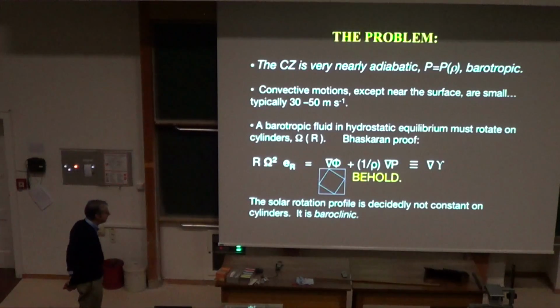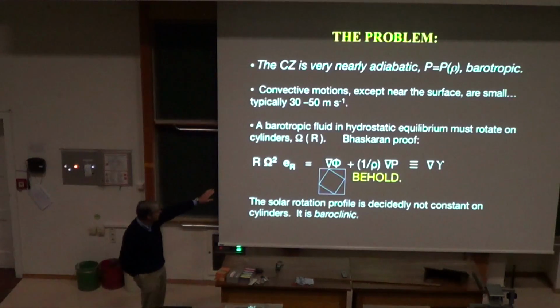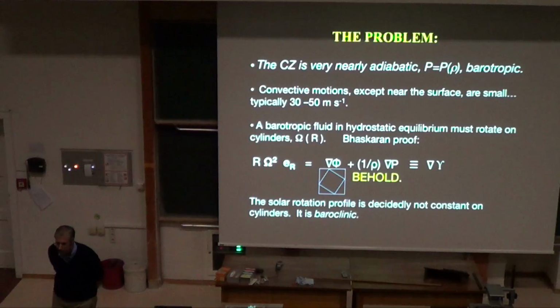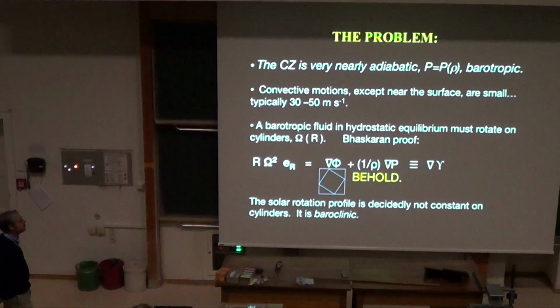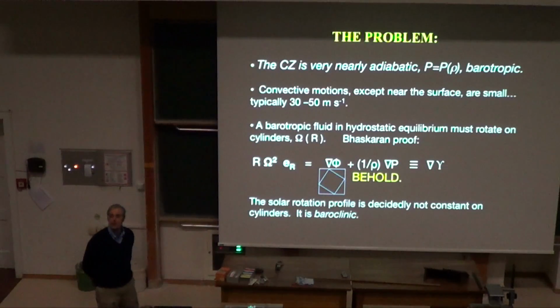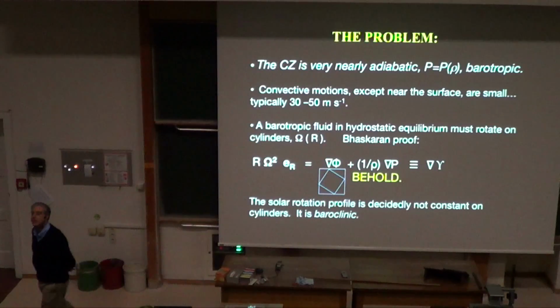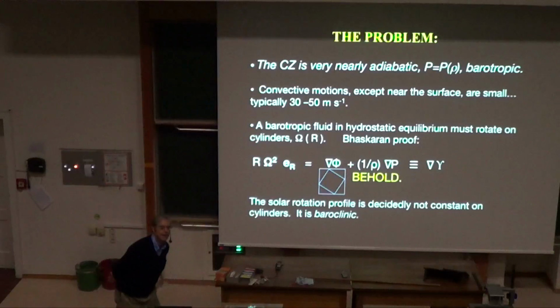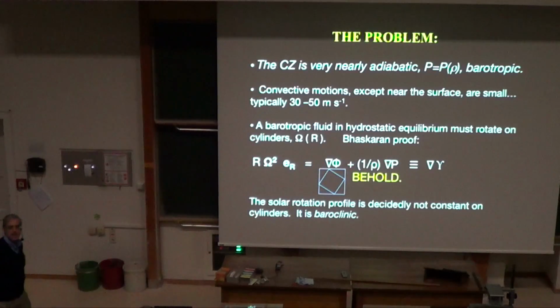That is, omega must be a function of capital R, a cylindrical R, measured from the rotation axis. So I offer what I call a Bhaskara proof. Anybody in the audience? You'll see how well we're educated in our youth these days. Anybody know who Bhaskara was? Bhaskara was an Indian mathematician of the 12th century.